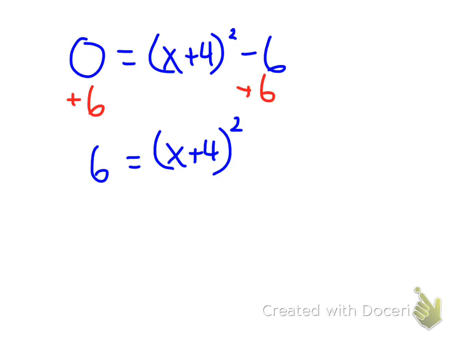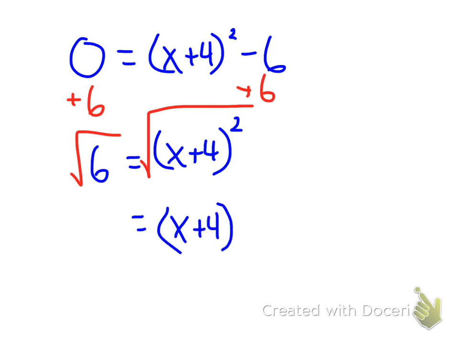From here, I am going to take the square root of both sides. So I have x plus 4 left on the right side of that equation. The square and the square root cancel each other out. On the left side, the square root of 6, we can estimate that using our calculator to a couple decimal points.